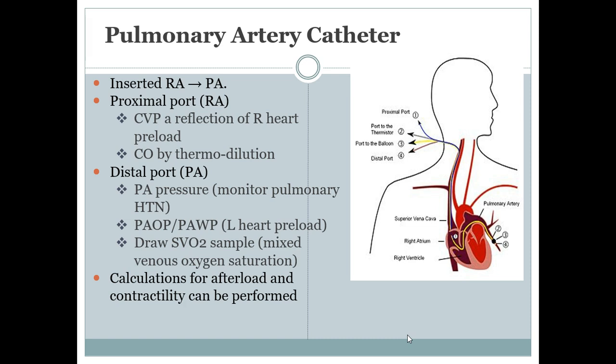And then also through the distal port, the nurse can monitor the PAOP, which is the pulmonary artery occlusive pressure, or the PAWP, pulmonary artery wedge pressure. So these both will provide left heart preload data, or the amount of the blood in the left ventricle at the end of diastole. These are really nice to have when you have a sick patient.